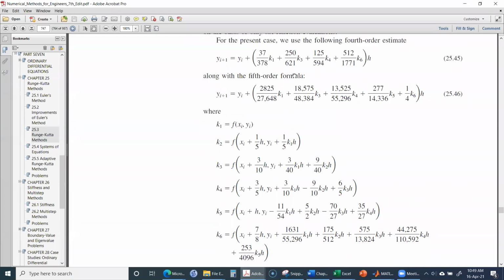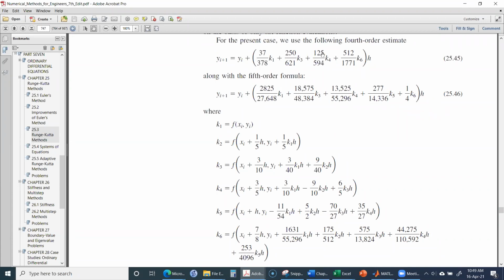Here in this case, we can find the value y_{i+1} by one equation, and we can also find the value of y_{i+1} by this second equation. The first is the fourth order estimate, and the second is the fifth order estimate.